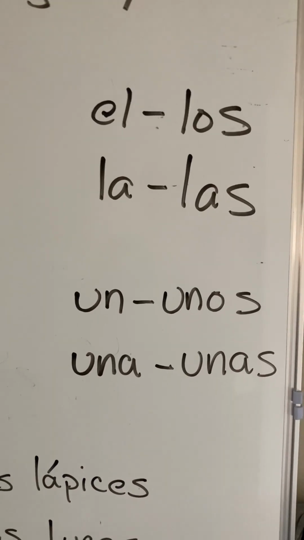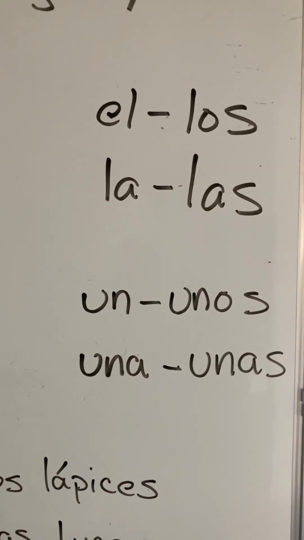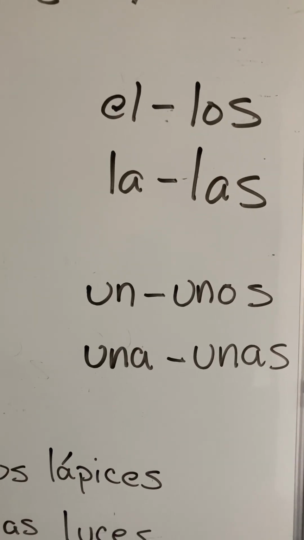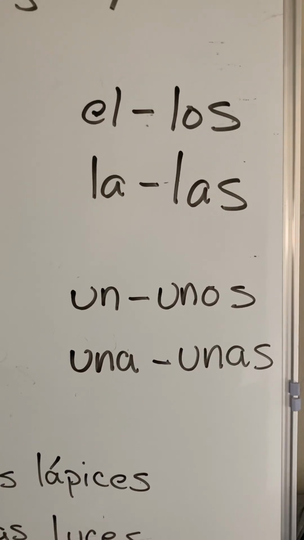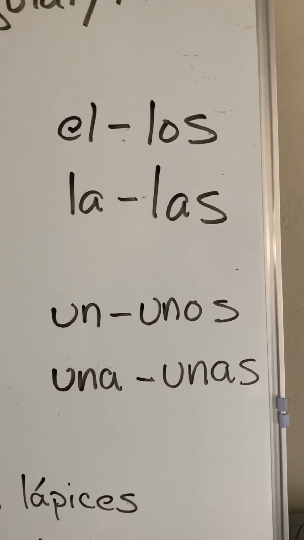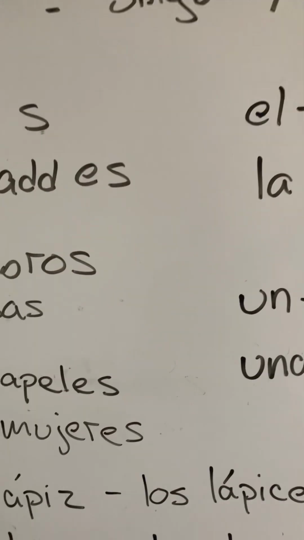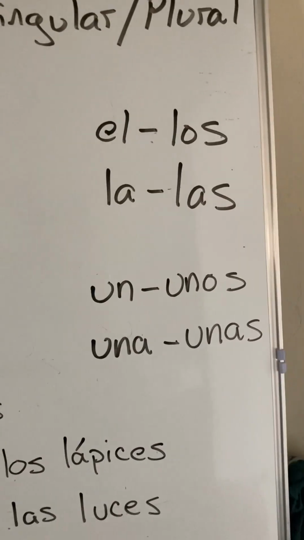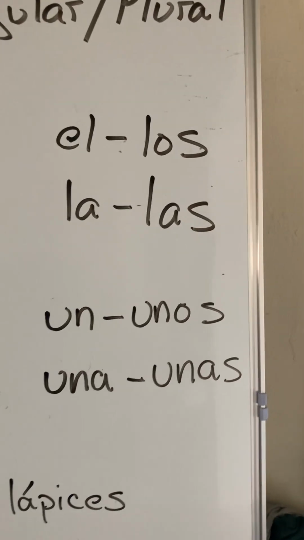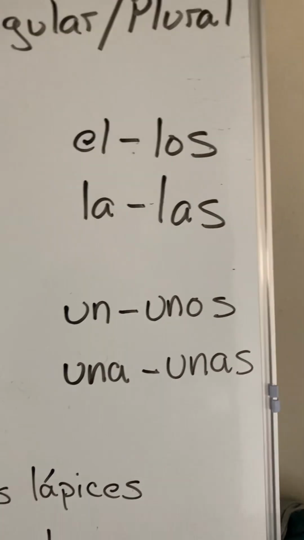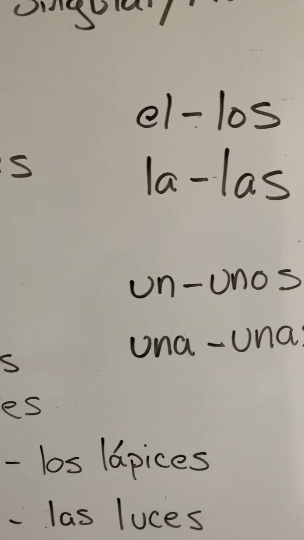When it comes to the exam, you have to have both. So if I ask you to make el libro plural, if you just put libros, you will not receive credit. It needs to be los libros, and so on.